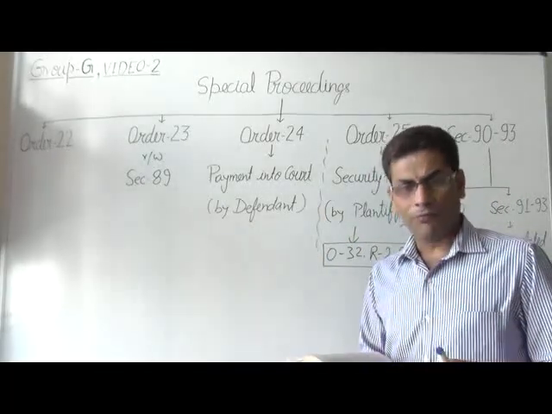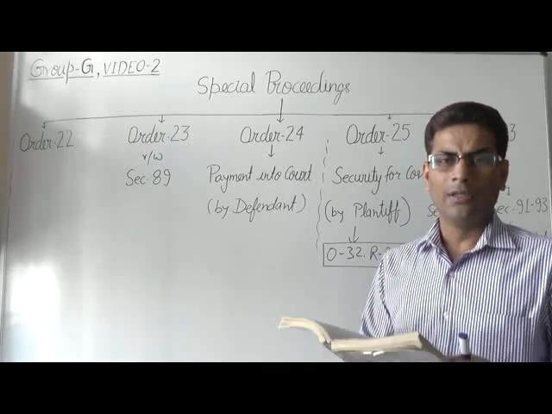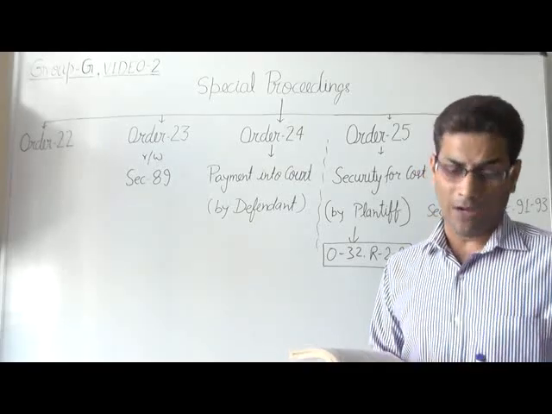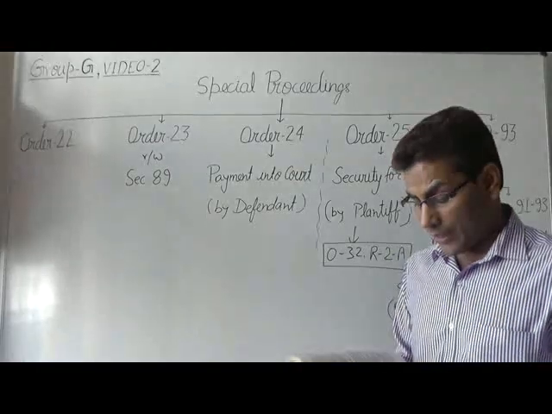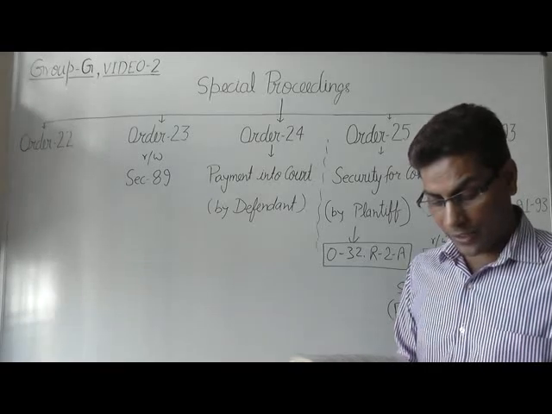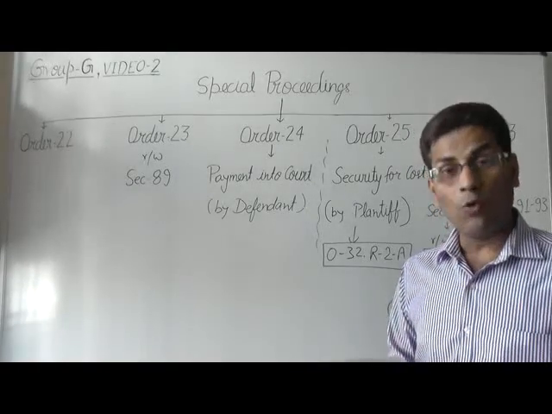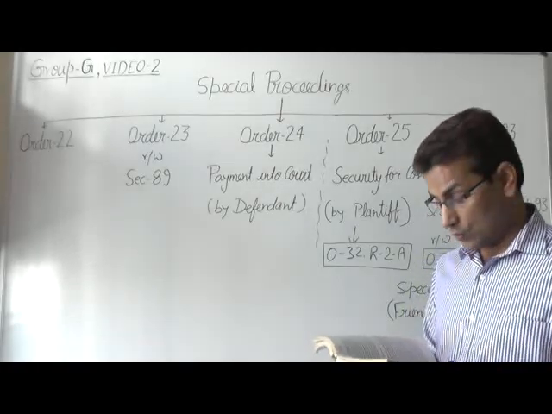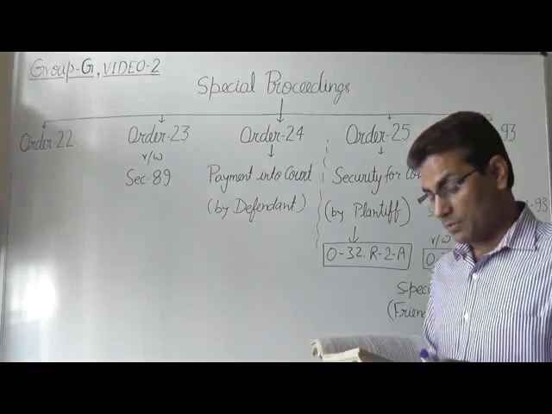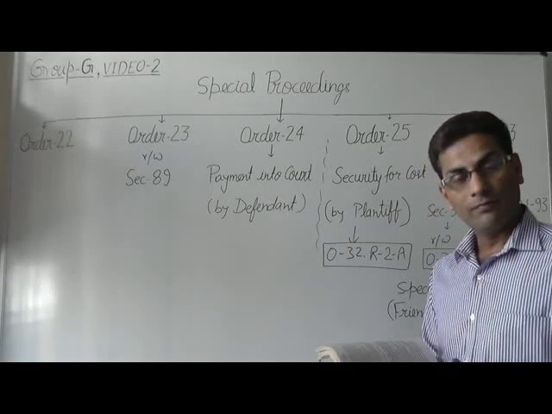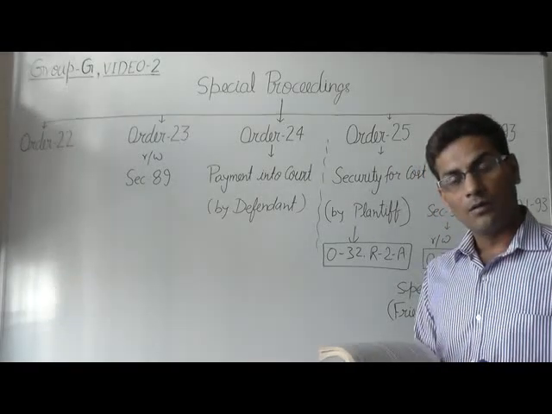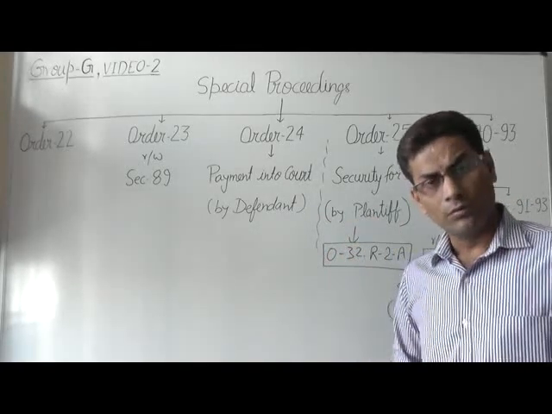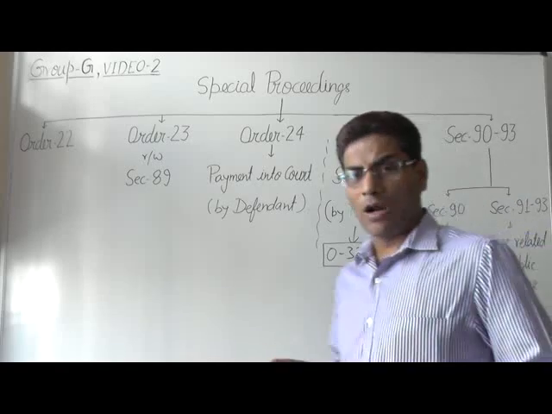It has been provided in Rule 2 of Order 25 that in the event of such security not being furnished within the time fixed, the court shall make an order dismissing the suit unless the plaintiff or plaintiffs are permitted to withdraw therefrom. It means the court will have to dismiss the suit. So it is another ground of dismissal of a suit.